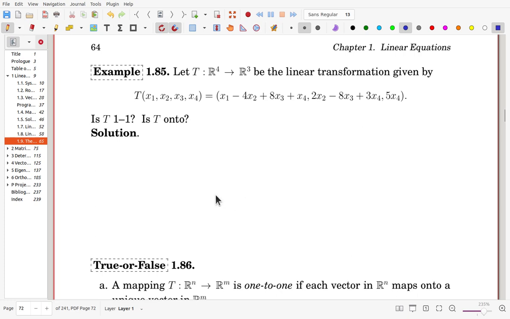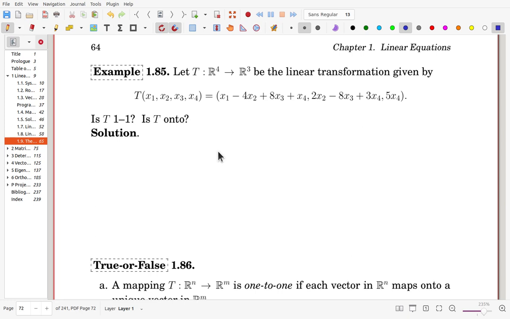Now, a transformation from R4 to R3 is given in this way. We need to find whether the transformation T is one-to-one or onto.